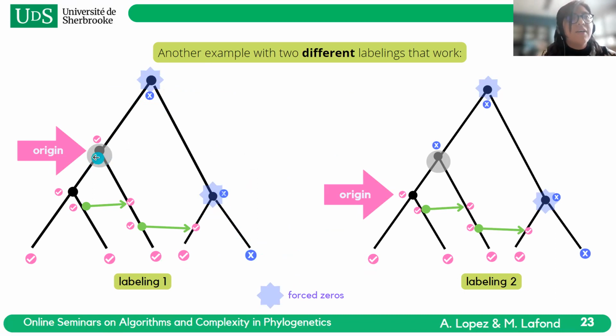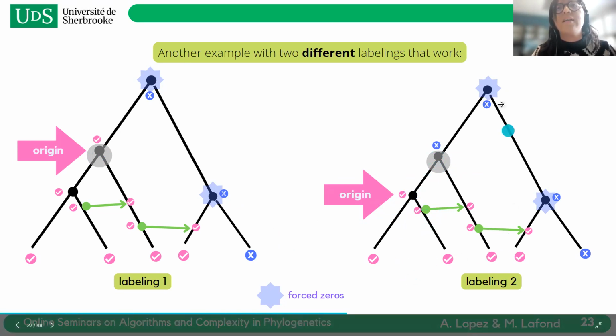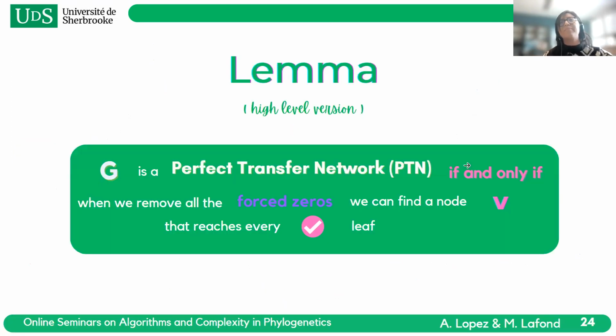So here we see that we fulfill the condition of having a single origin. We can take the origin here, and we still have all the on tokens connected, and all the off tokens are also connected. And if we try another labeling, for example, if we place this token as an off token, we can still pinpoint an origin for all the on tokens, and the force zeros will remain the same, will remain as off tokens.